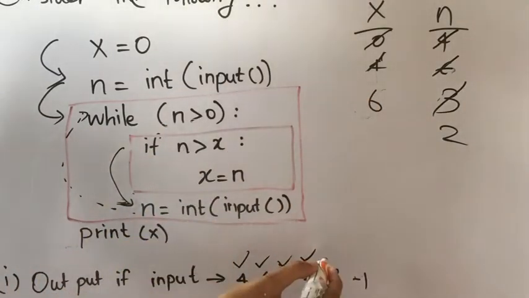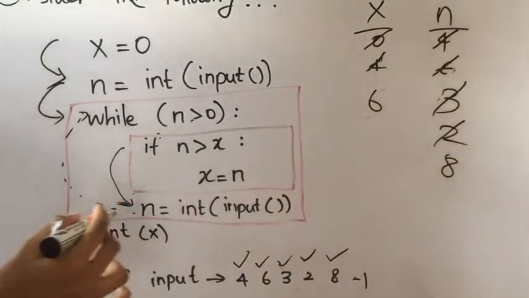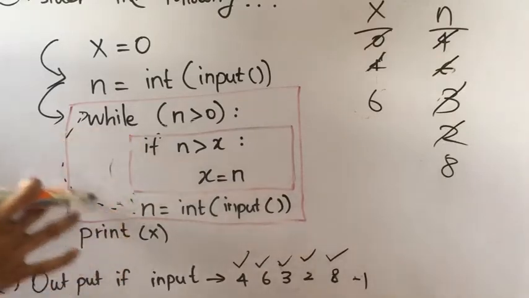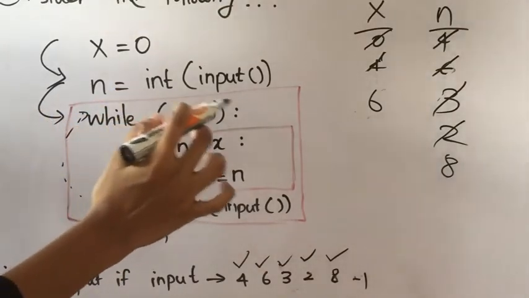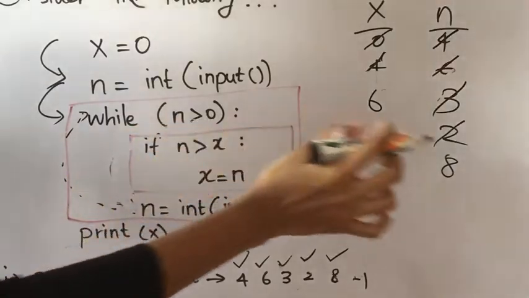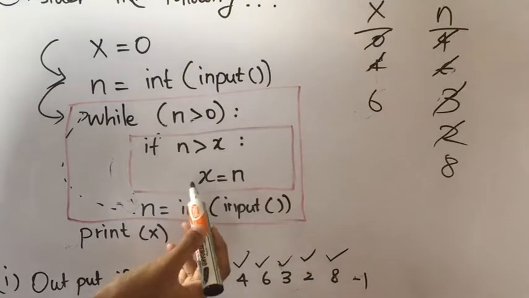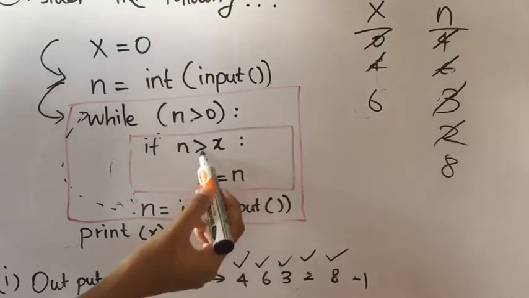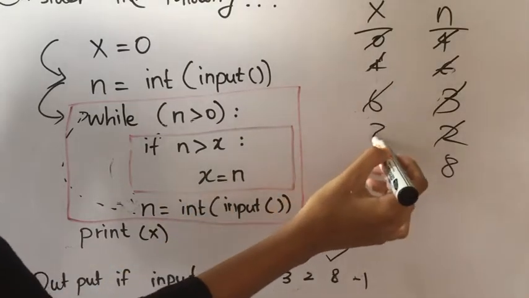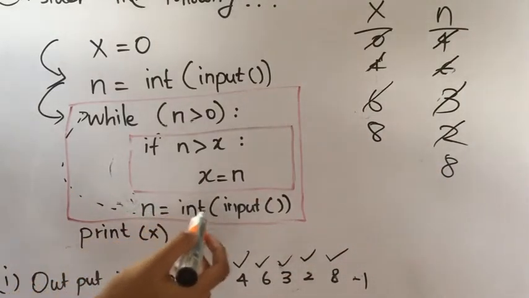Now n is the next value, which is 8. It will go to the top again and check 8 is greater than 0. Yes, it will go in. If 8 is greater than x, 8 is greater than 6. Yes, 8 is the bigger value. What happens here? n is going to get assigned to x. So 6 will get replaced by 8. After this, it will come here. n equals int input.